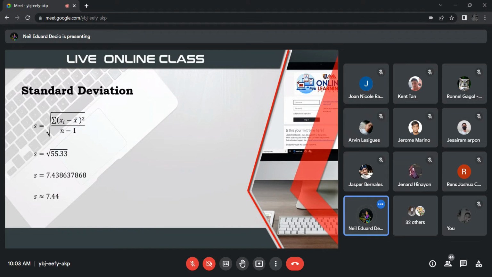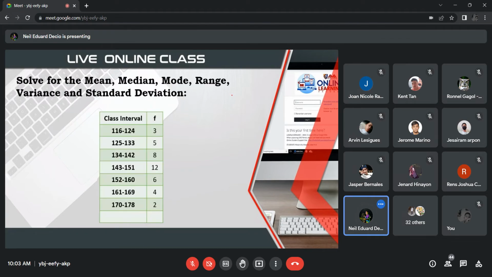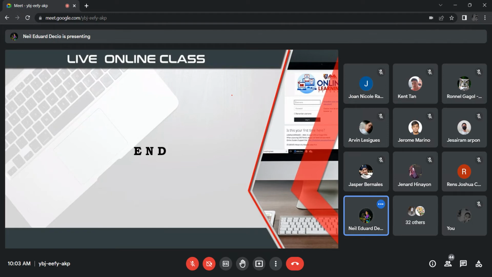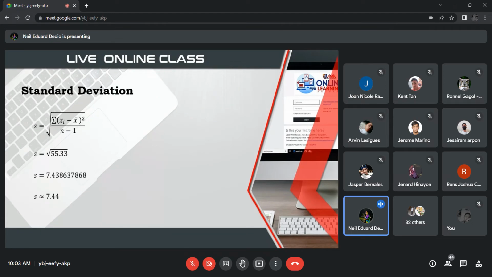And then, we also have, saan na yung ano ko? Measure of spread for group data. Wait lang ha.